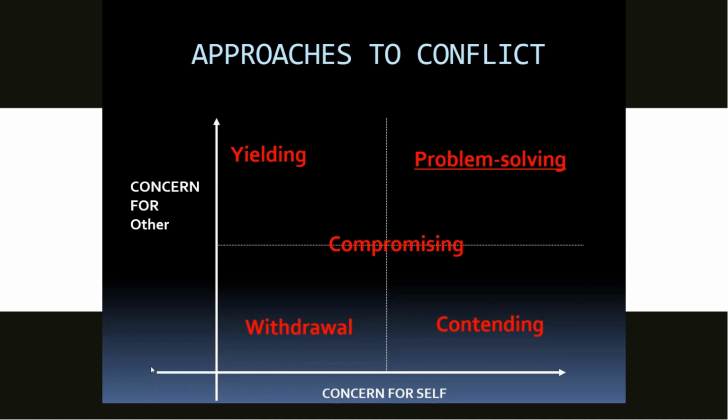For instance, the horizontal line shows concern for yourself, and the vertical line shows concern for others. Okay? And if a conflict party is concerned with their own issue, they may continue to claim their objective and justify their position. It becomes contending. And if the party is concerned for others, they yield.